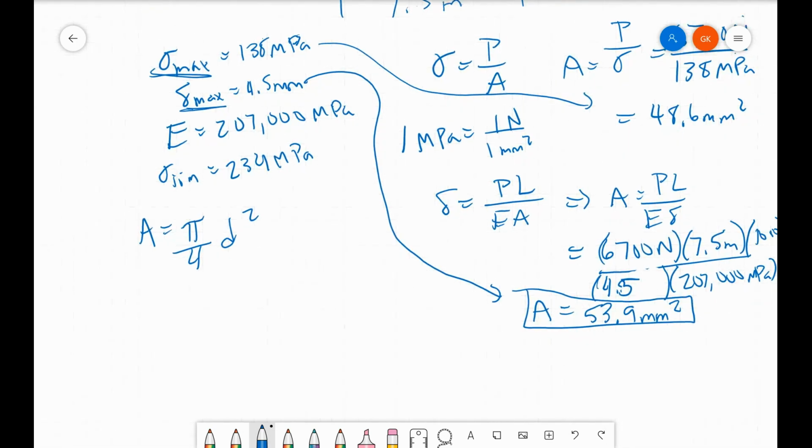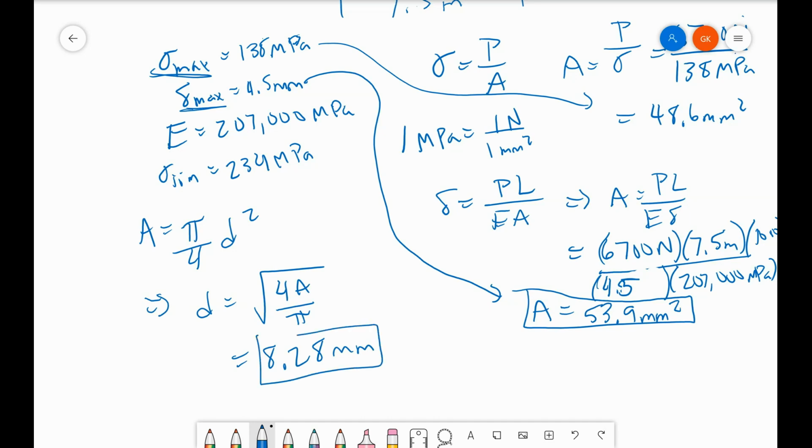And so then if I solve, what I get is that d is equal to the square root of, make sure I write this out correctly, 4A over pi. There we go, that should have worked correctly. Yes. And if I plug everything in, I get that the diameter needs to be 8.28 millimeters.